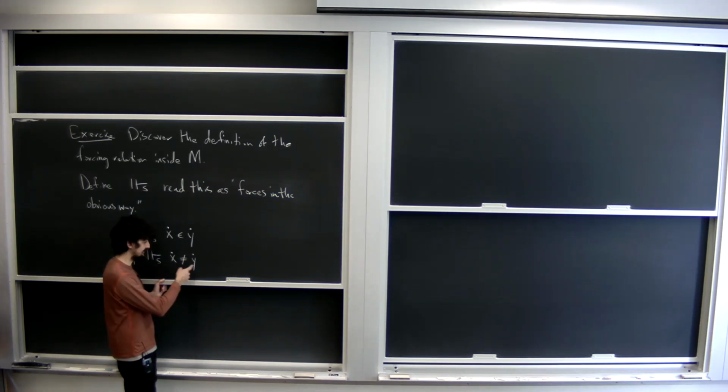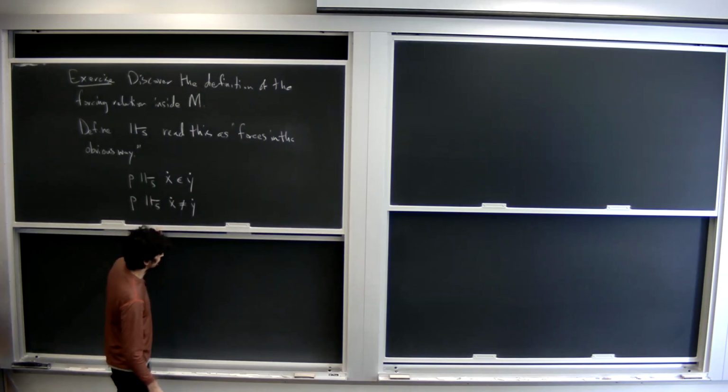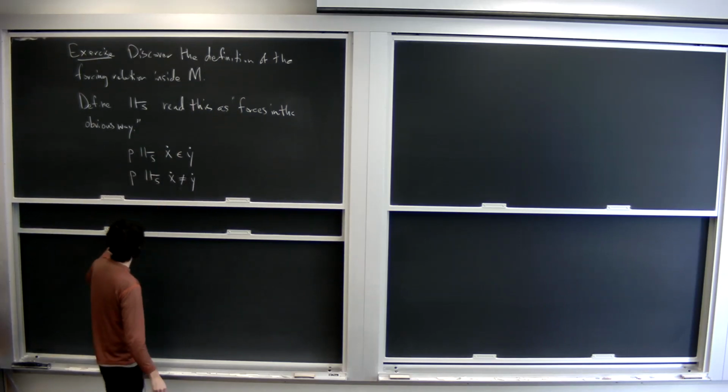Because all this has to say is that there's something in one that's not in the other, and forced in a strong way. Okay? So for this strong forcing, you're going to restrict your language to not equals instead of equals. Okay? For kind of natural reasons.